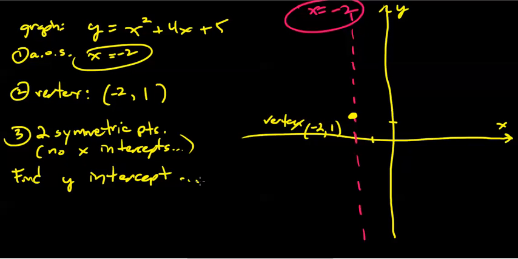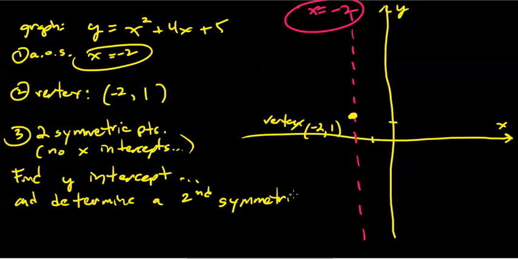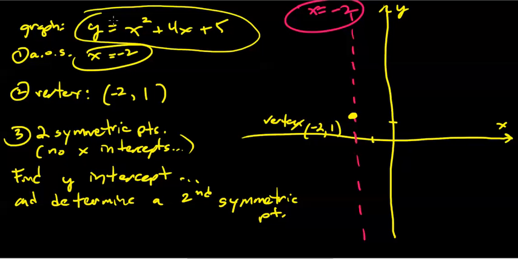Every parabola will hit the y-axis somewhere, and then basically count squares to determine a second symmetric point at that same y level. Show you what I'm talking about here. If I look at my original equation, I can find where this parabola is going to intersect the y-axis. If I let x be 0 and solve for y, that will be the y-intercept.